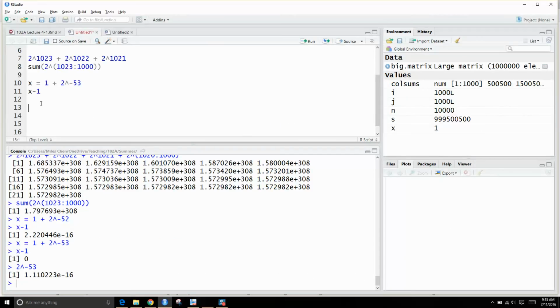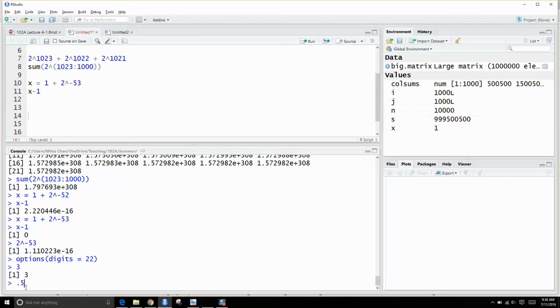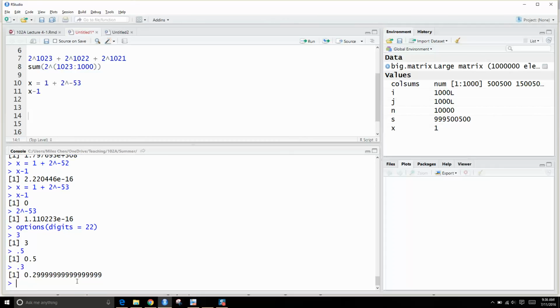And so, in R you can do something like options digits equals, you can set it to something like 22. I think this is the largest number you can have, okay? And so you can see things like when you represent 0.5, it represents 0.5, no problem. But if you have 0.3, the way it stores it in the computer is actually not 0.3 but 0.2999999.